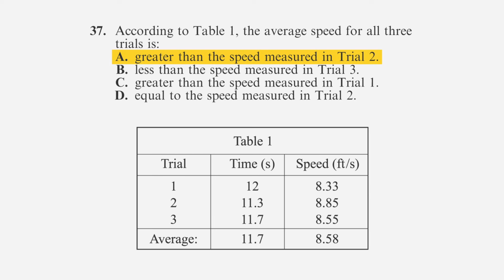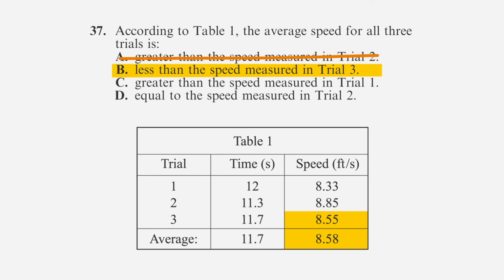Answer choice A says that the average speed for all 3 trials, 8.58, is greater than the speed measured in Trial 2, which is 8.85. This is clearly false, so choice A is not the answer. Answer choice B says the average speed of 8.58 is less than the speed measured in Trial 3, which is 8.55.